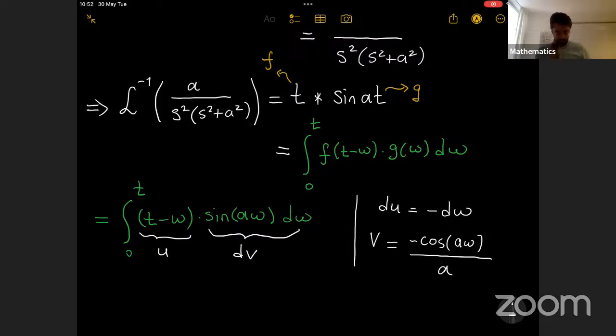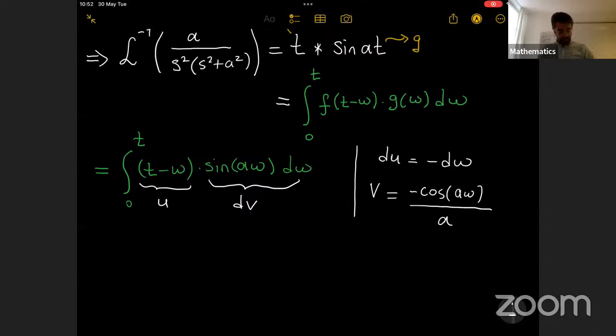So it becomes basically u times v, which is t minus w times v, minus cosine a w over a, like this.